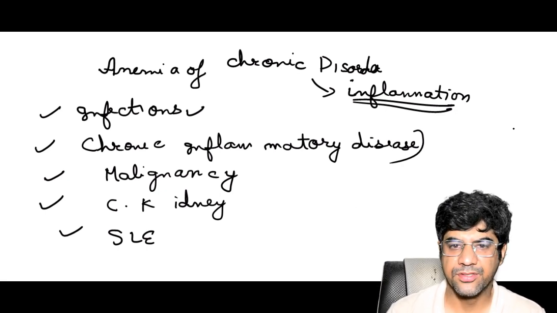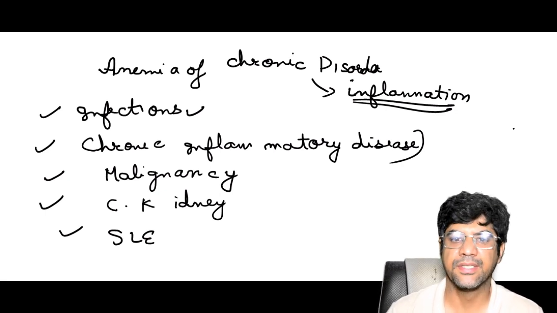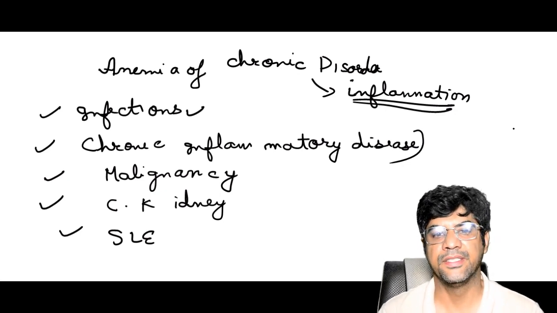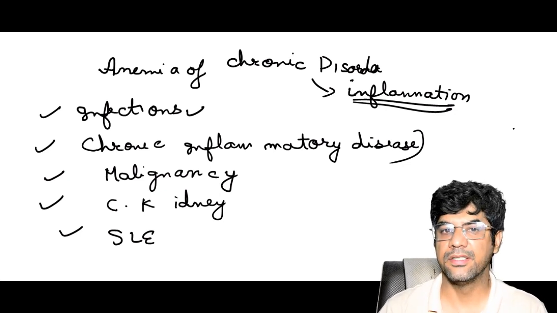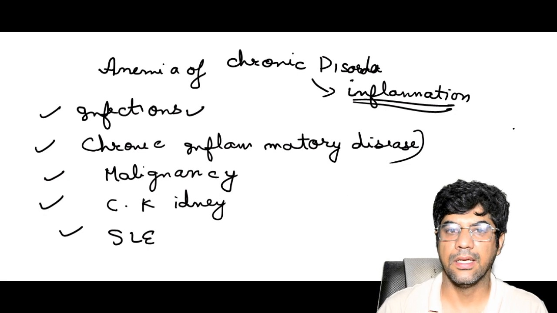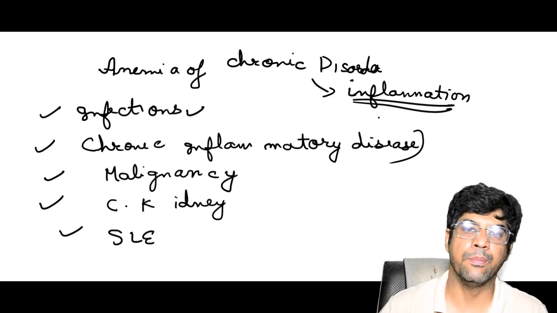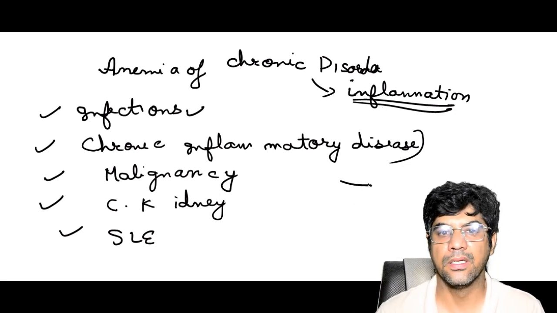Now, despite the presence of adequate iron stores, there is a functional iron deficiency, where iron is sequestered in the macrophages. That occurs due to the increased activity of iron binding protein like lactoferrin.